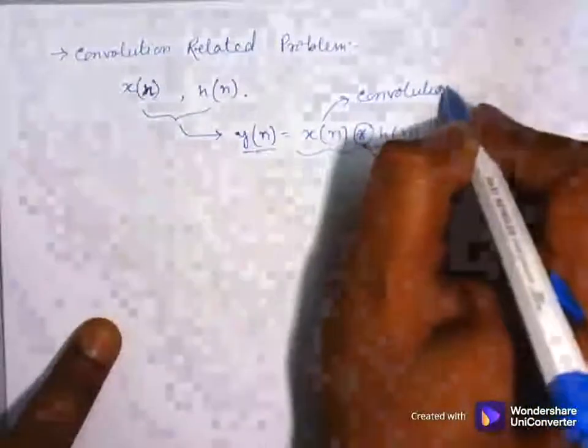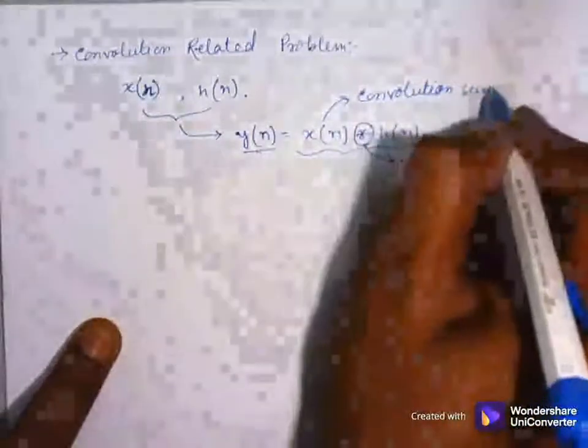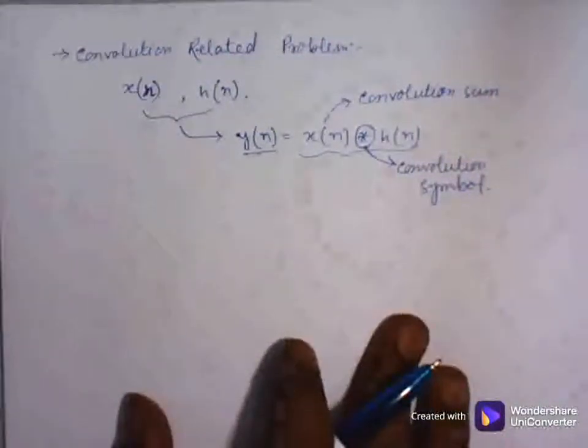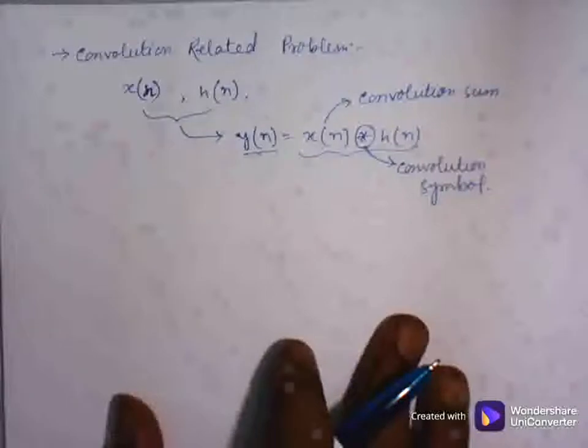Since sum is the term used to represent convolution, we have to do addition, and we will see what kind of addition in this convolution process.